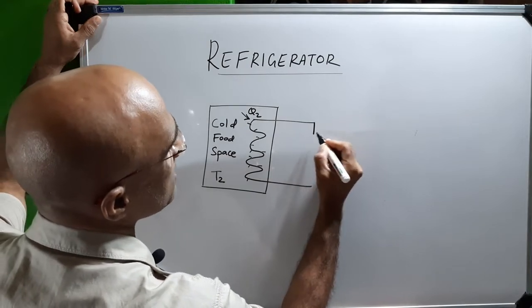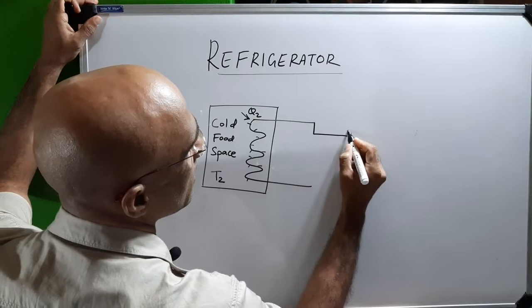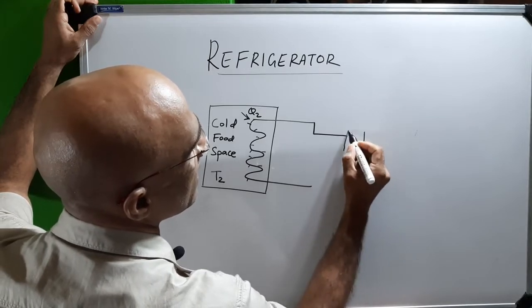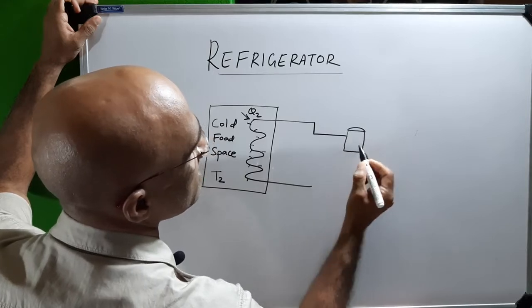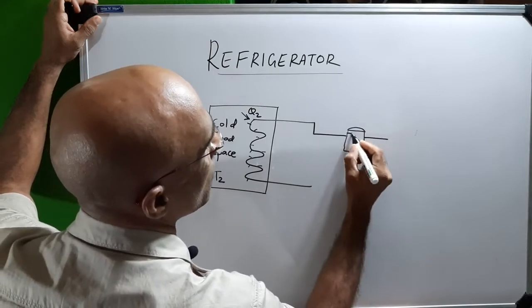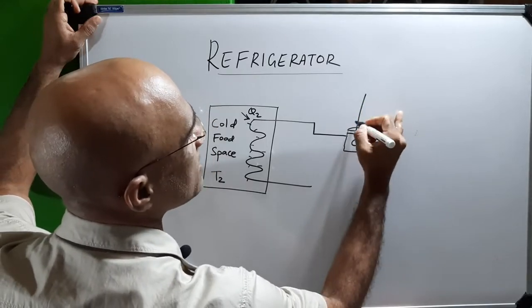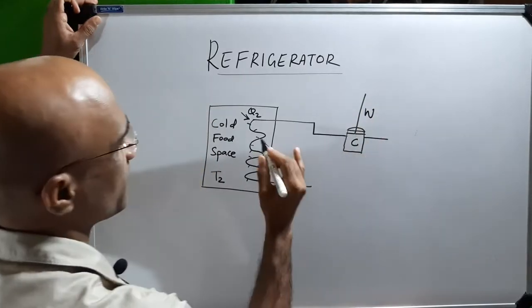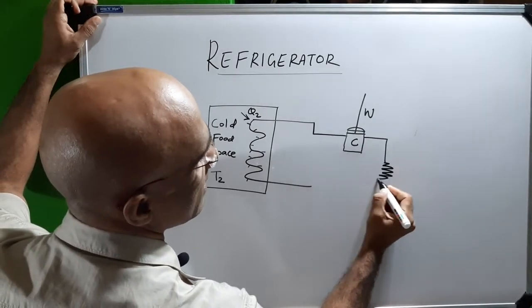Now what happens is that, let me complete this drawing. We have this compressor C upon which a work W is performed, and this is the radiator coil.